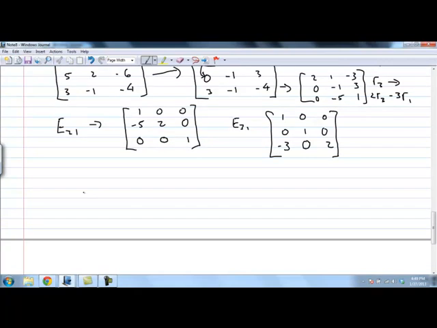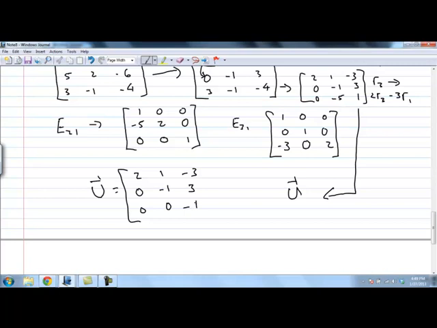Our final elimination step transforms this matrix into U. Again, for this problem, U was equal to 2, 1, and minus 3, 0, minus 1, and 3, 0, 0, and minus 14.